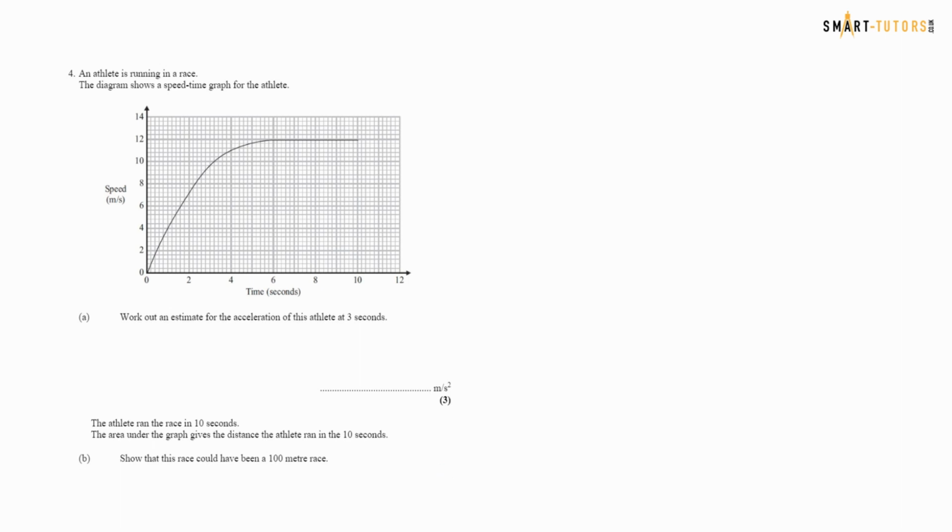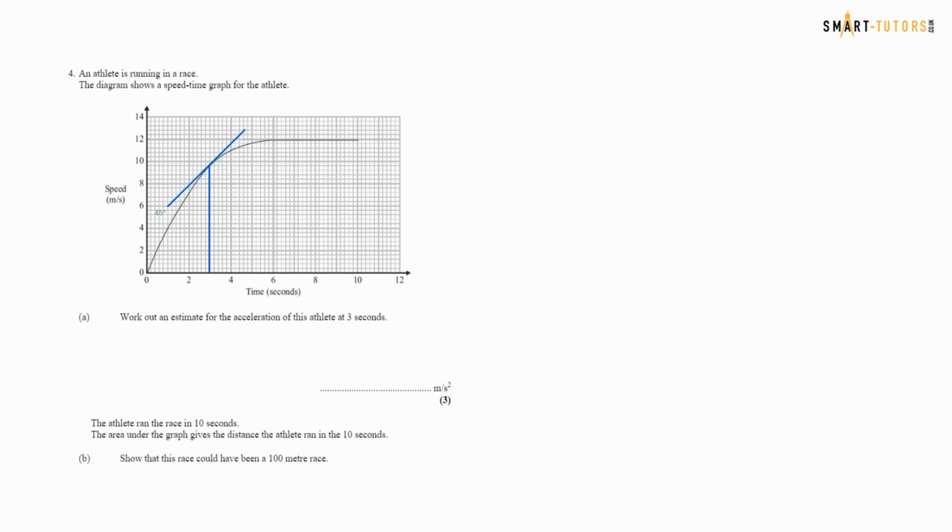3 seconds means, at 3 seconds you need to draw a gradient line. So this is the 3 seconds. I need to find out which point it's cutting. There is the point. At that point we need to draw a right angle triangle. So right angle triangle means something like that. Not that one, it's a little bit steeper.